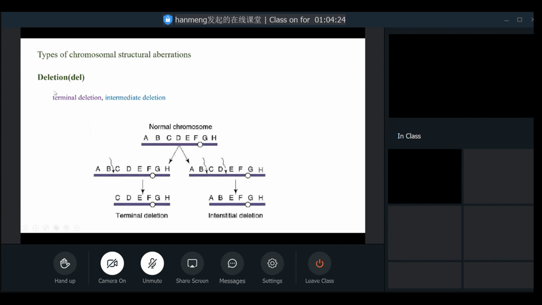So the deletion can be divided into the terminal deletion and the intermediate deletion. This picture shows the terminal deletion: A, B, C, D, E, F, G, H. The AB is deleted, so it left C, D, E, F, G, H. And the other maybe loses the CD fragment between the chromosome, so it left A, B, E, F, G, H. It means the intermediate or interspatial deletion.